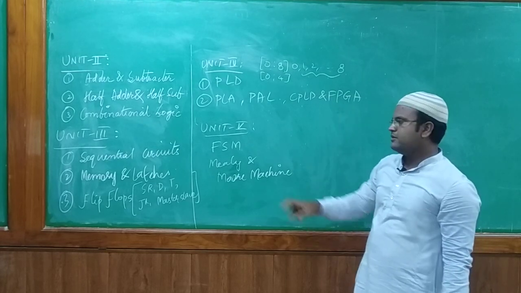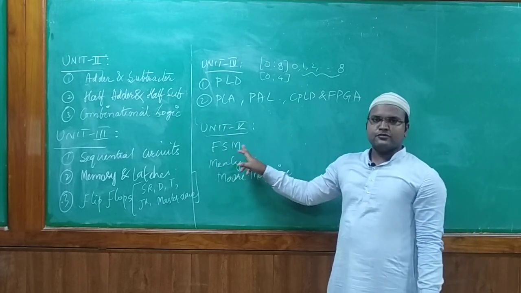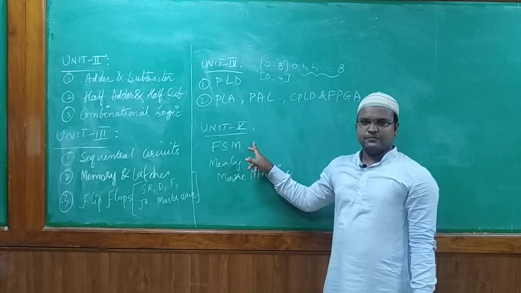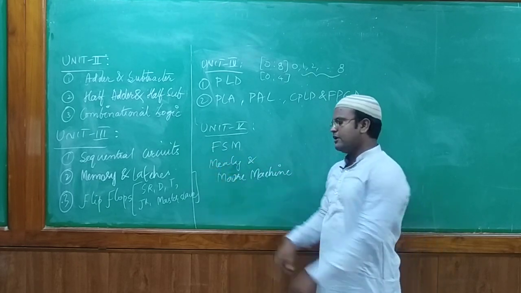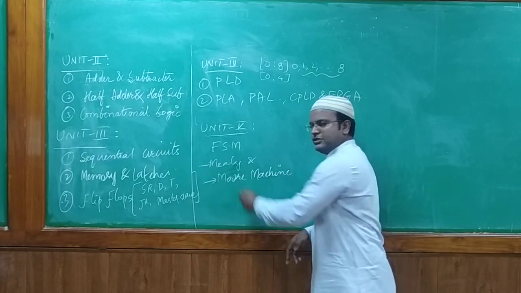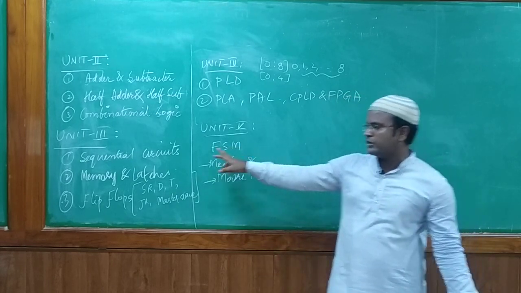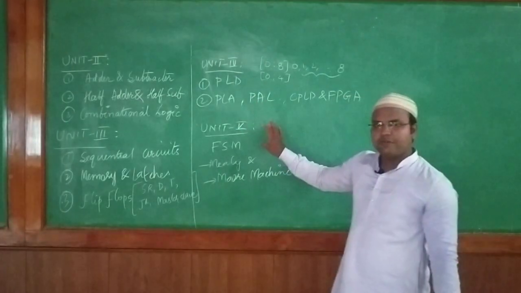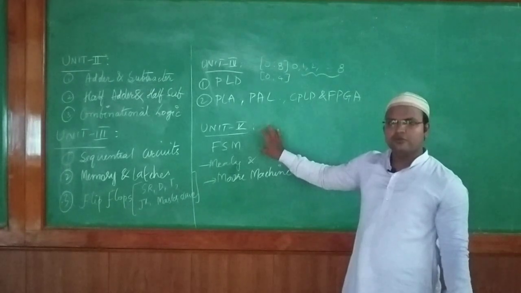Likewise, the last unit is FSM, called finite state machine. In that, what are we going to learn? We are going to learn about the Mealy machine and Moore machine. We are taking this sequential circuitry, and that application part we can use over here.